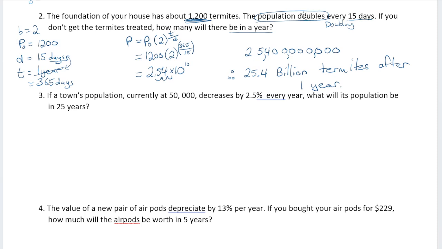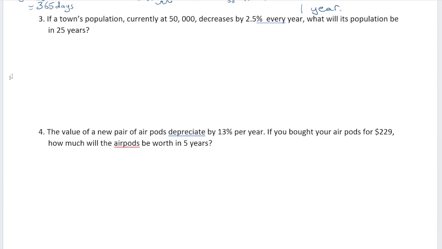Doubling time, easy, as long as you recognize it's doubling time. If a town's population is currently 50,000 and it decreases by 2.5% every year, so this is decay. But I can't assume it's half-life. Nothing is said it gets cut in half every year.